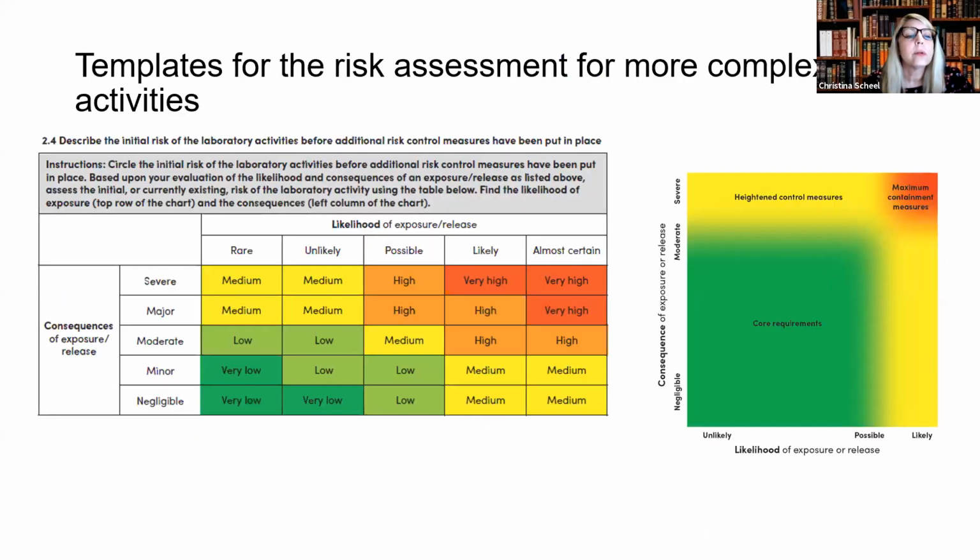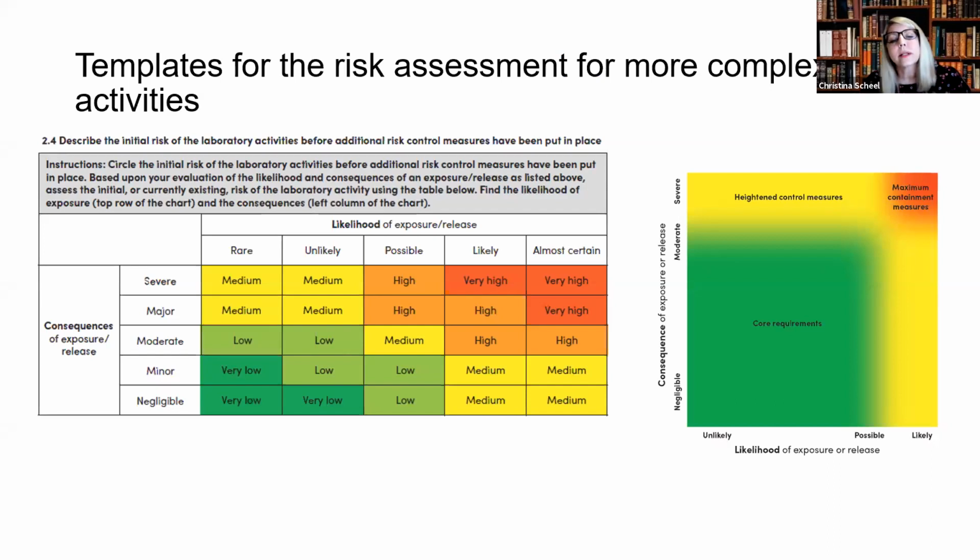This is a more complex template for activities. We have 5 categories of consequence and likelihood. And that was what I described when I initially described the classifications of those, ranging from negligible to severe for consequences of exposure or release, and from rare to almost certain for likelihood.